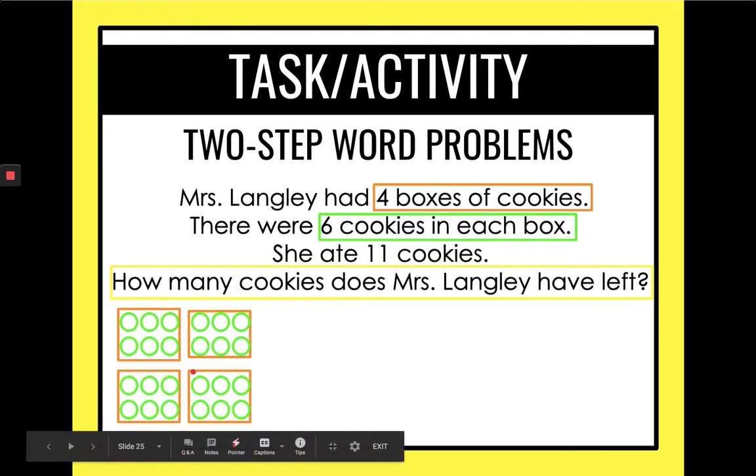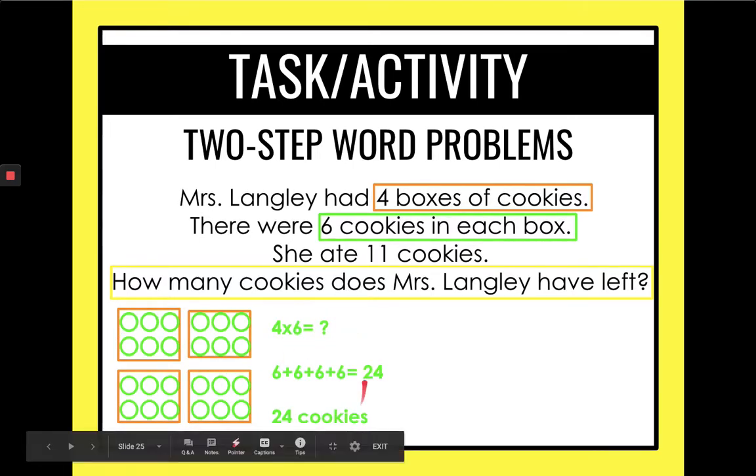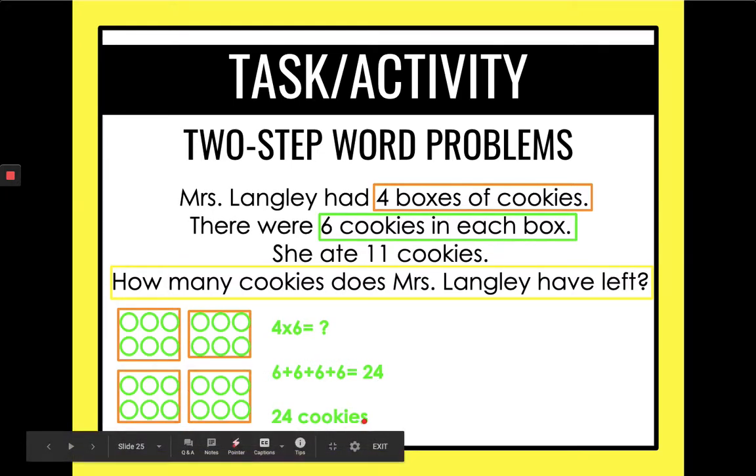And then I need to find out how many cookies I have in total. So I have 4 groups of 6. If I don't know how that's 24, then I could do repeated addition, 6 plus 6 plus 6 plus 6. So 6, 4 times, is equal to 24.